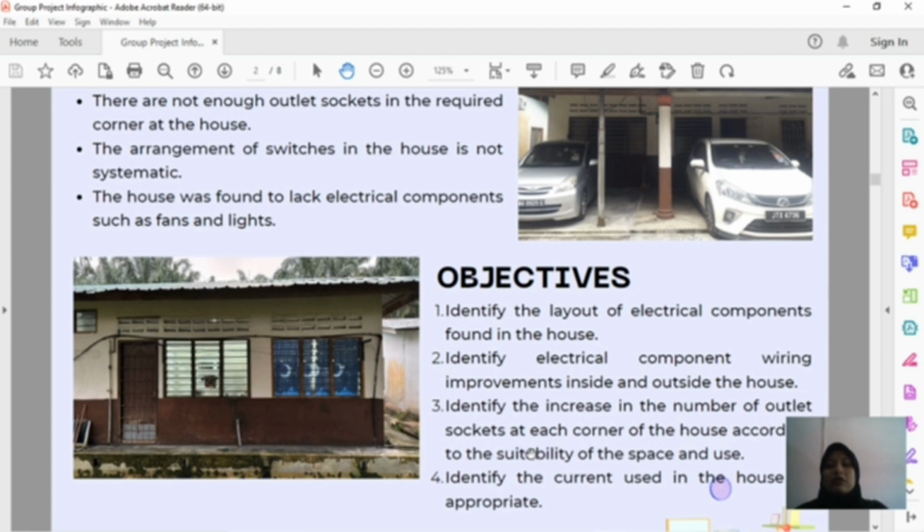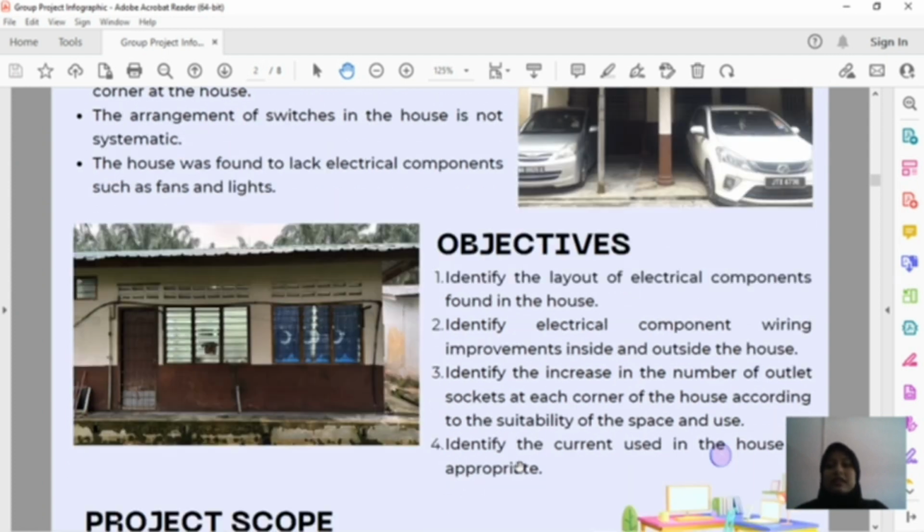Third, identify the increase in the number of outlet sockets at each corner of the house according to the suitability of the space and use. And lastly, identify the current use in the house as appropriate. So, I will pass to Muhammad Zulfaqar and discuss about the next.